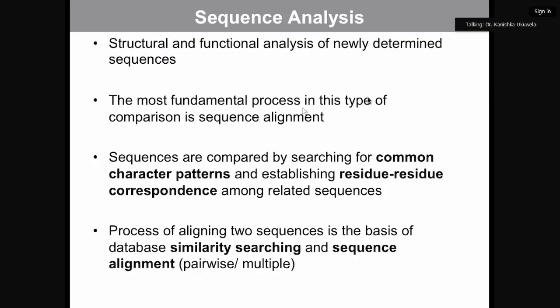So in order to compare this, the most fundamental step is to align two sequences. What do I mean by aligning? You make sure you're putting the same residues or same positions of one sequence against the other sequence.